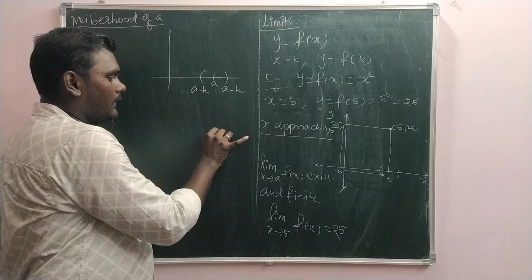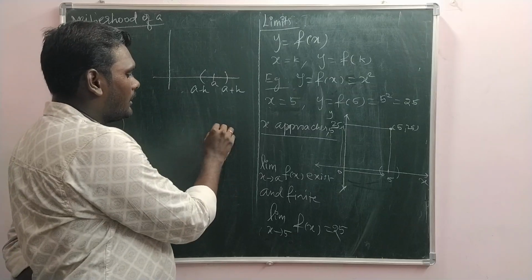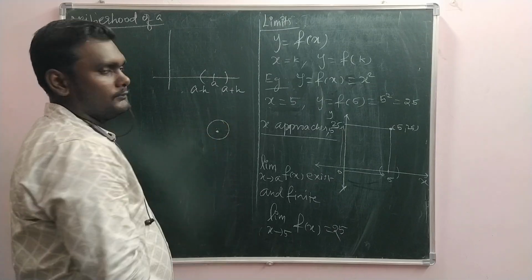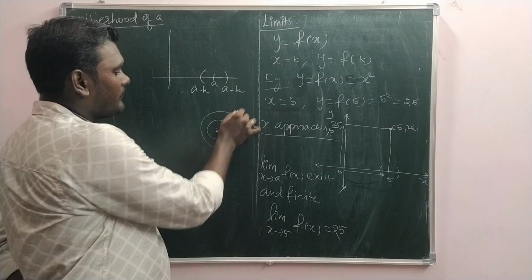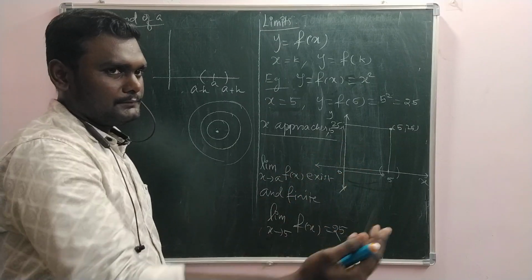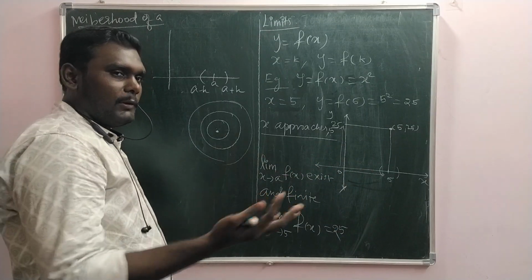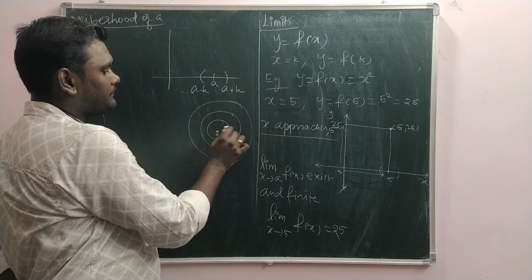So your house is here, who are all you call a neighbor? Those people who are near to your house, like this circle. What about this big circle? They are also neighbors. This other big circle also has neighbors. The thing is how far they are, in what distance we call them neighbor. That is important. Okay, so this is the point A.